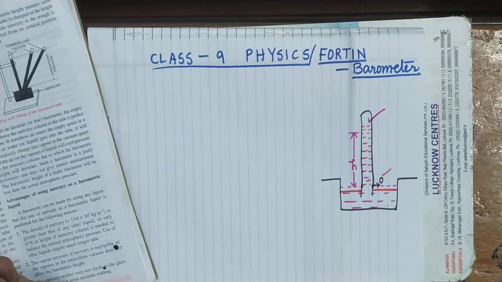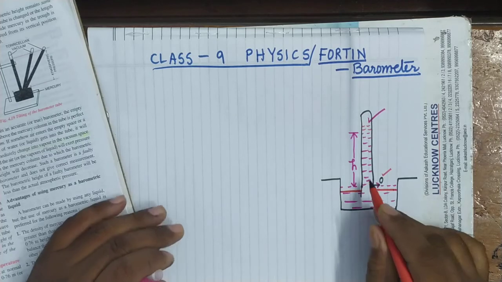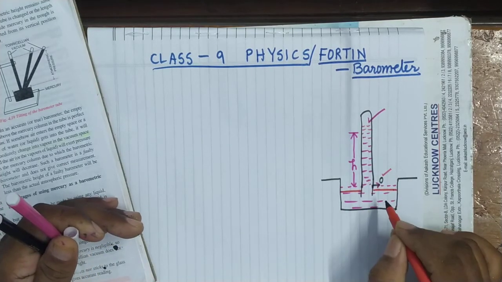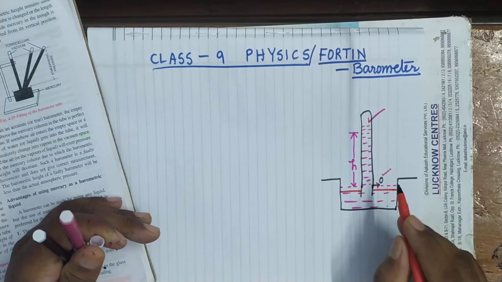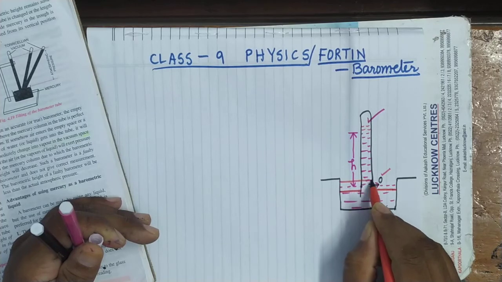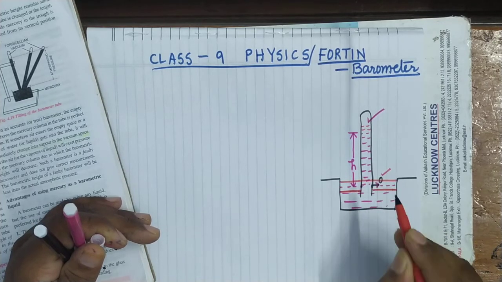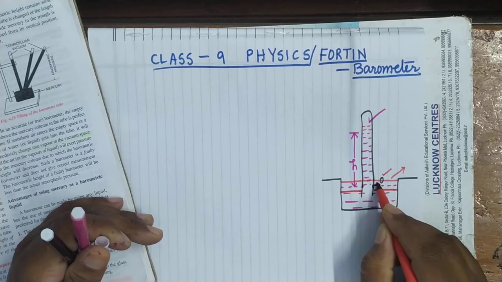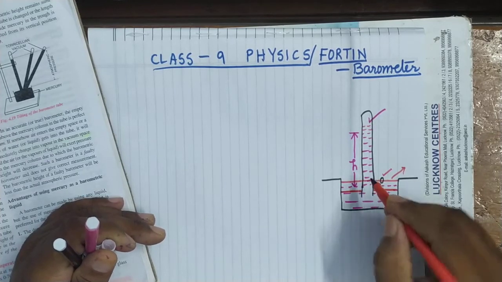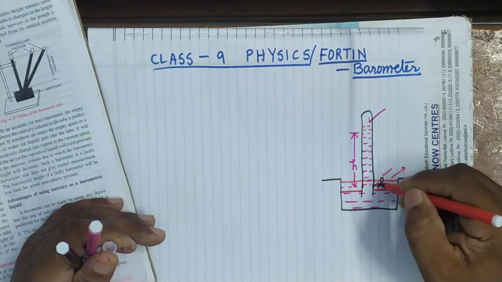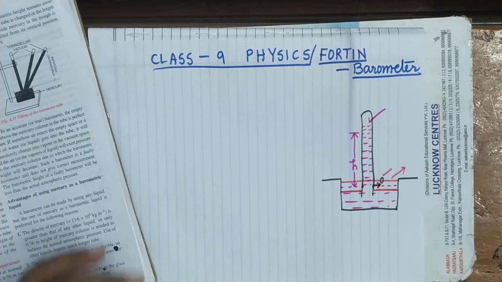It is clear? Similarly, suppose the pressure is decreasing, then mercury will flow out from the tube to the trough. When mercury flows out from the tube to the trough, then the new level will be above the original level. New level will be this. Now this will be the new level, while the zero is below the new level. So once again you have to take this tube up so that zero coincides with the new level.